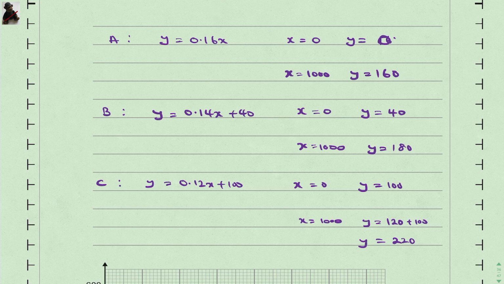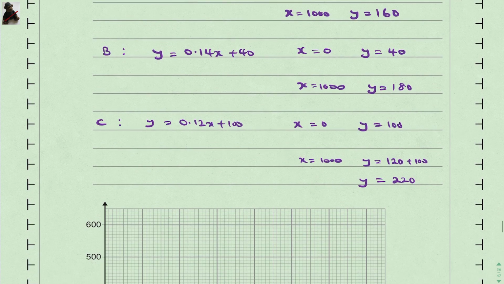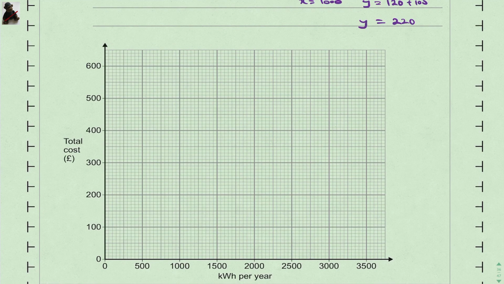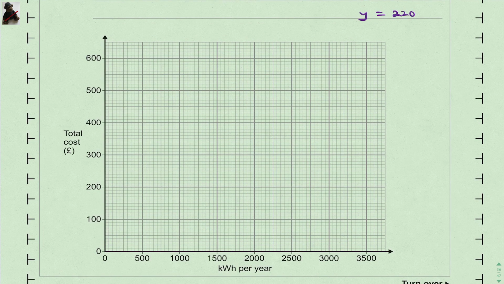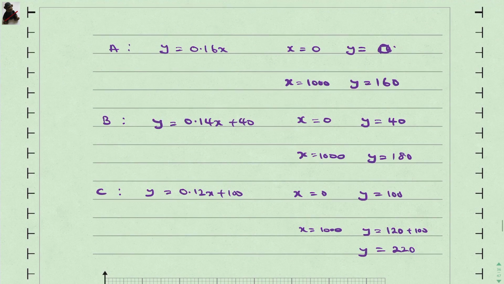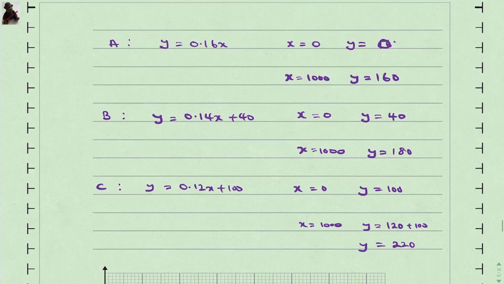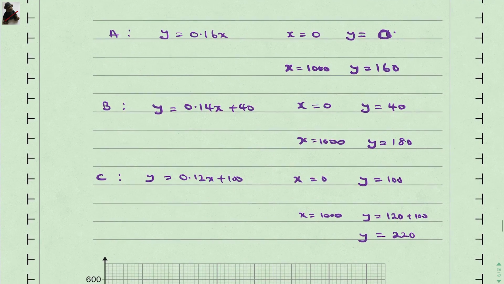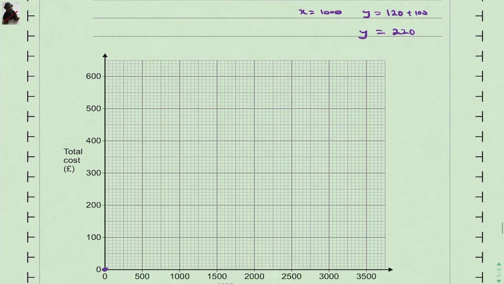Now we can plot the graphs on the graph paper here. When x is 0, y is 0, so 0 is the first point. For the second point, you need to plot a straight line. When x is 1000, y is 160.